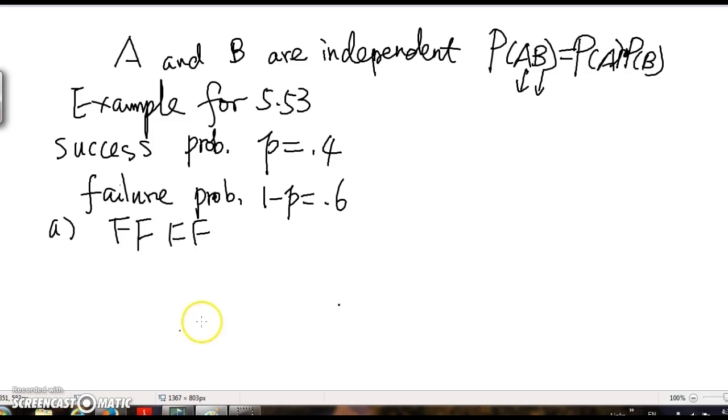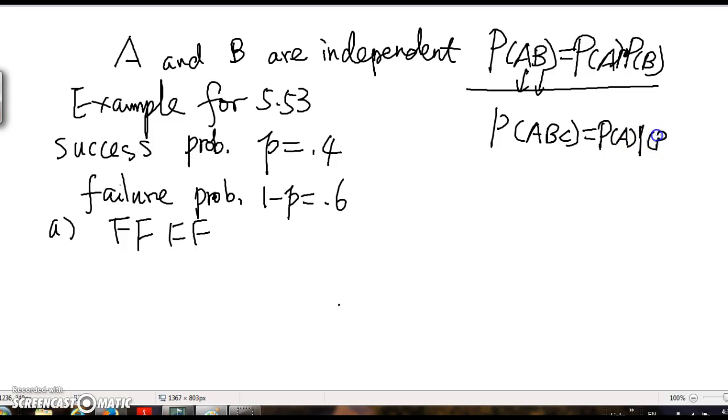Instead of having the formula we talked about here, which has only 2 events that are independent, we can generalize this to any number of events, as long as they are all independent of each other. So if you have 3 events, A, B, C, the probability will be the product of all 3 of them individually.